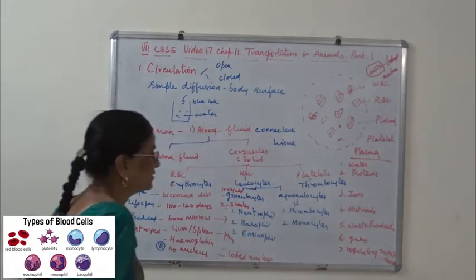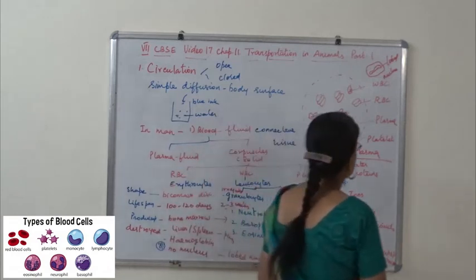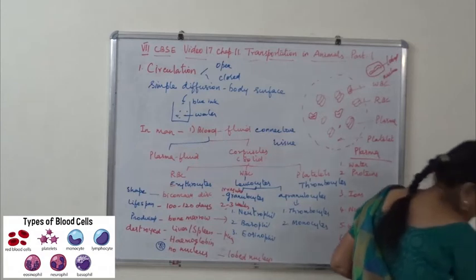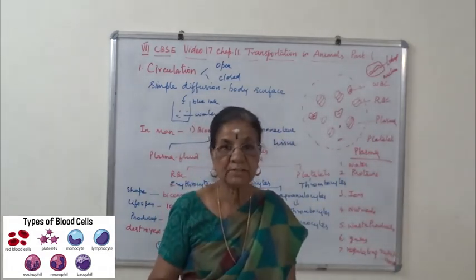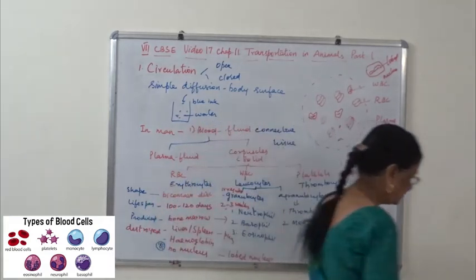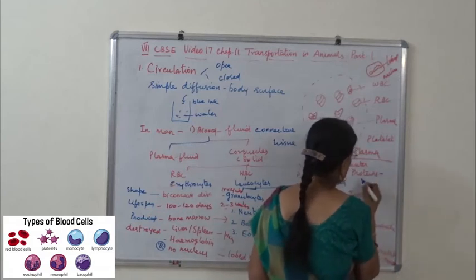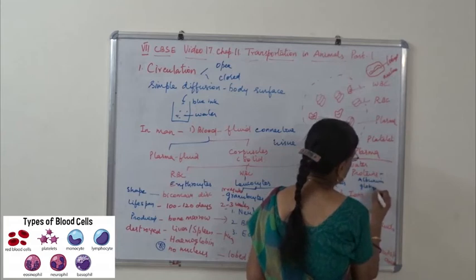Plasma contains water, protein as, I have told you about the liver, the structure of liver, the bile juice content, as albumin, globulin and fibrinogen. Plasma proteins are albumin, I hope you can read the board, albumin, globulin and fibrinogen.